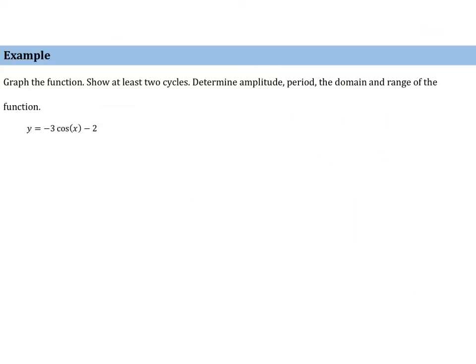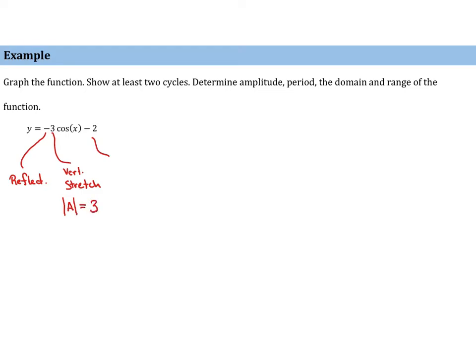So now as we look at our next example, we see three things going on, three transformations. We have a negative, we have the 3, and then we have a -2. The negative means that we have a reflection about the x-axis. We have a vertical stretch, which means that the amplitude is 3.